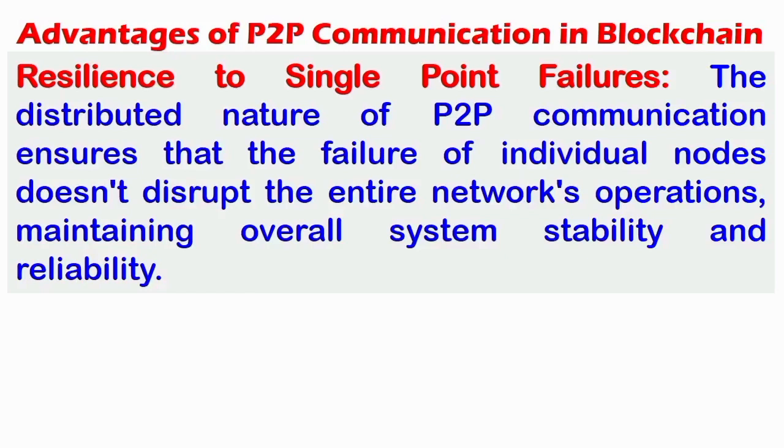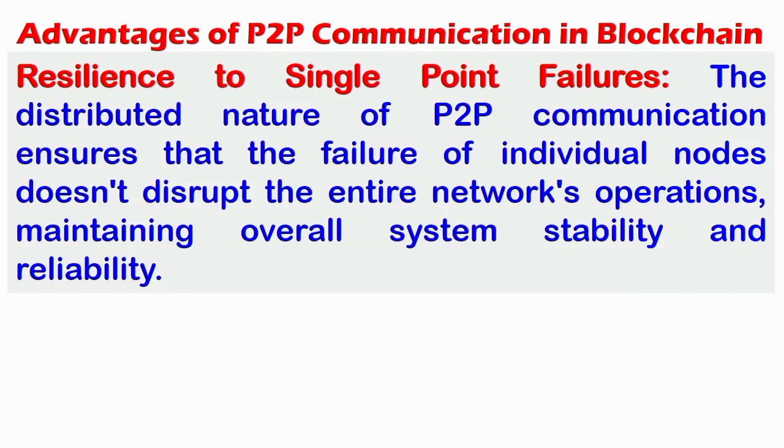Resilience to single point failures. The distributed nature of P2P communication ensures that the failure of individual nodes does not disrupt the entire network's operations, maintaining overall system stability and reliability.